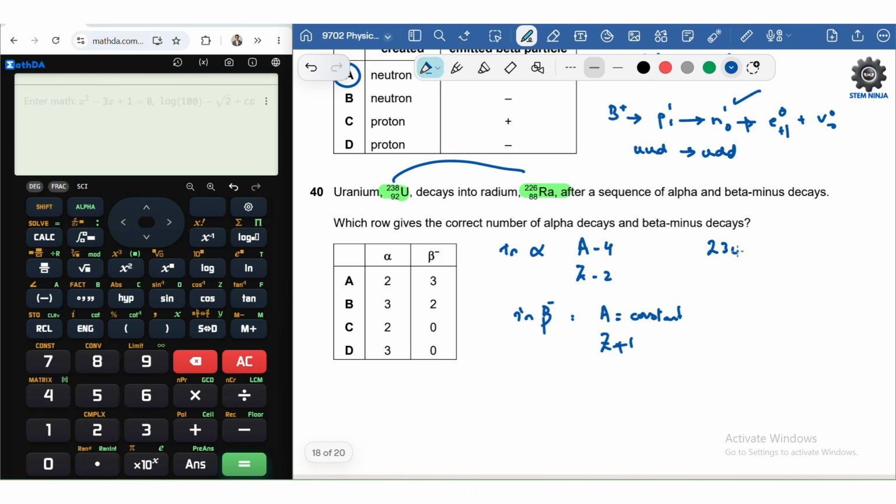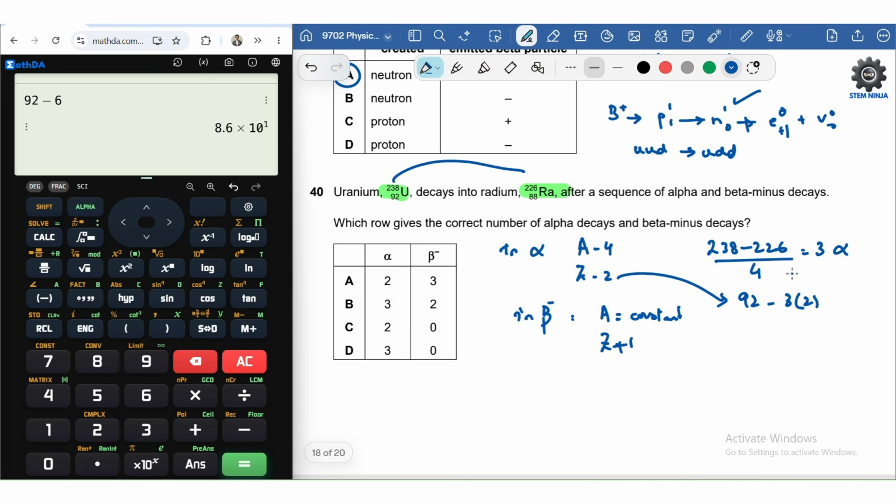So, 238 minus 226, and each time 4 are decreasing. So 238 minus 226 divided by 4, you have 3 alpha particles. This means that the total change in proton number would be 92 minus 3 times 2, so 92 minus 6 is 86.